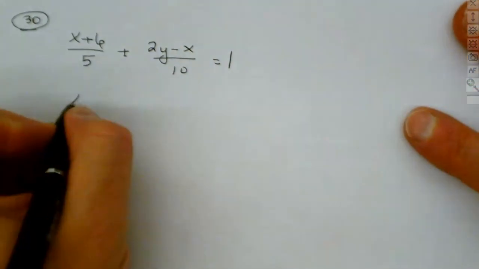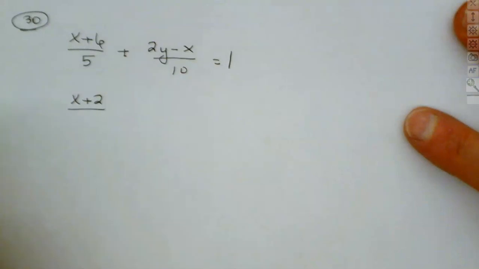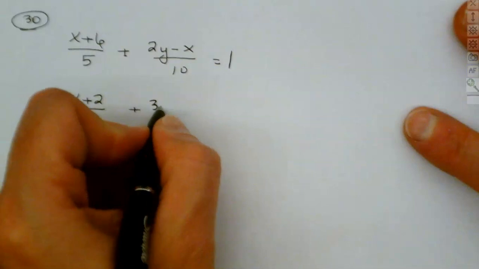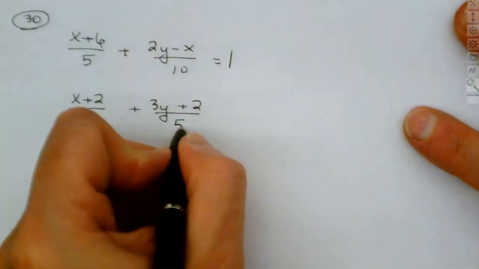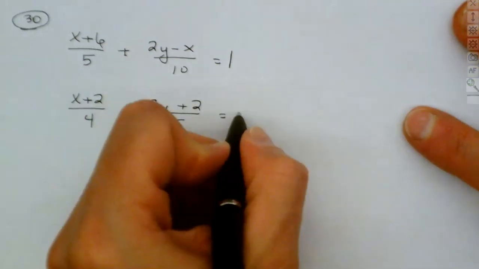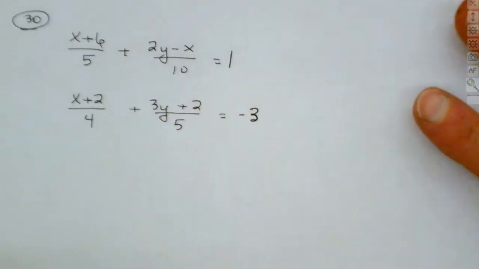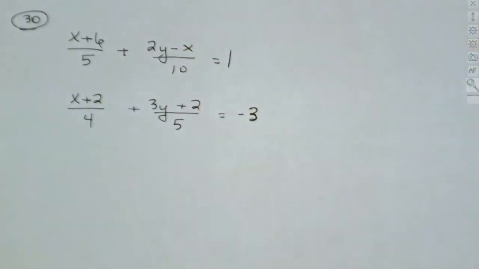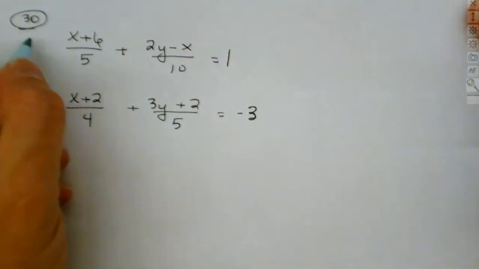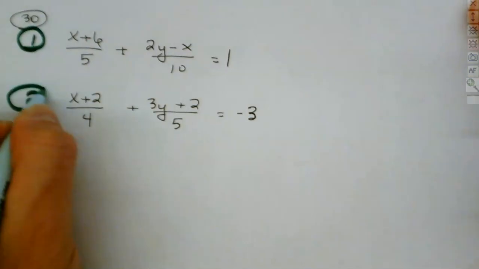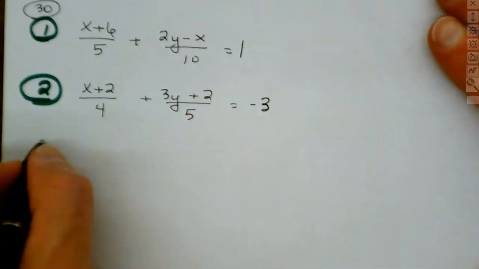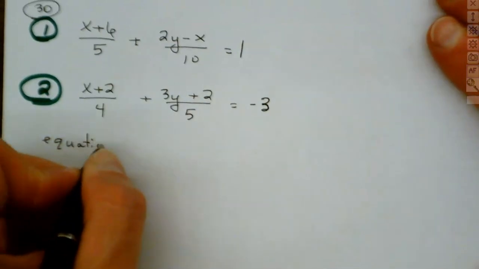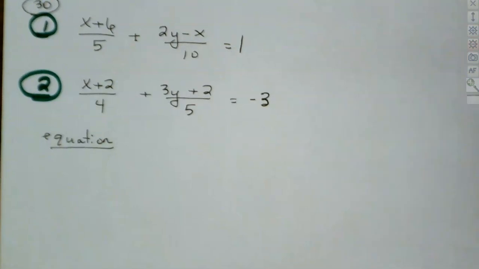Our second equation is x plus 2 over 4 plus 3y plus 2 over 5 equals a negative 3. This one's going to be a little bit more intense when we clear out the fractions. So I'm going to do each one separate. So let's start with equation 1.